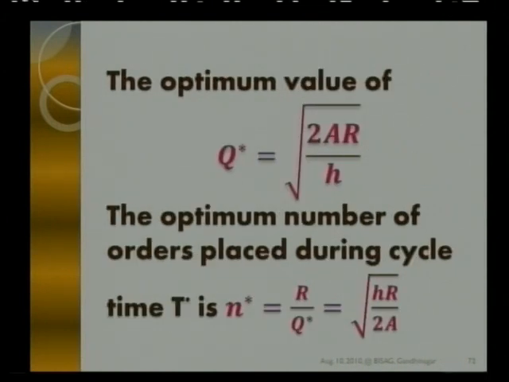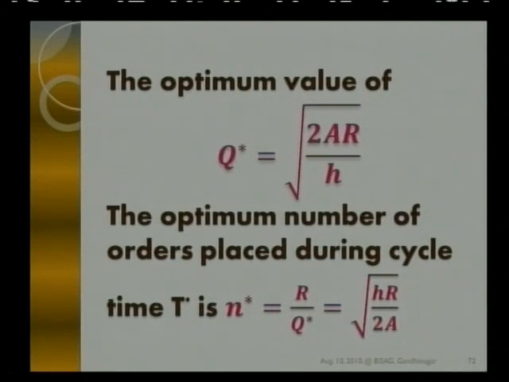So we have the optimum value of Q star, which is RT, that is the square root of 2AR/H. Knowing Q star and time, I can say how many times I will have to place an order. N star will be given by R/Q star.